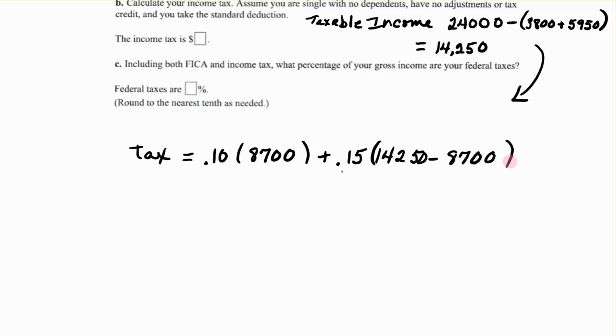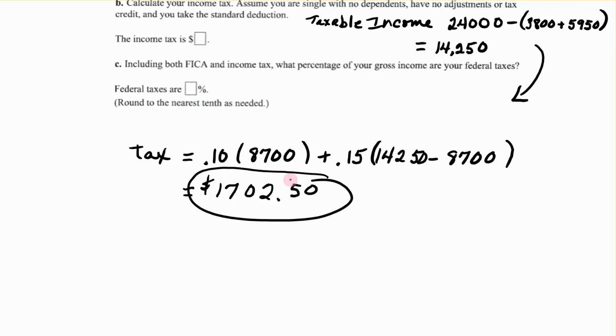So she has to pay 15% for all of it above that. And she didn't go into the next category. Her tax is $1,702.50. Now, the only thing that made that easier was that she got to use the standard deduction, and we didn't have to itemize for her. Okay, so her income tax is right there.